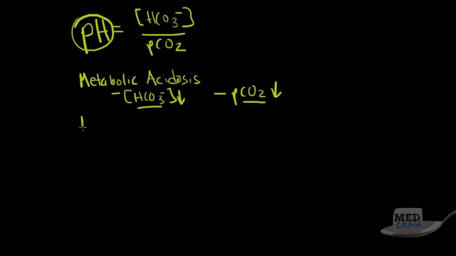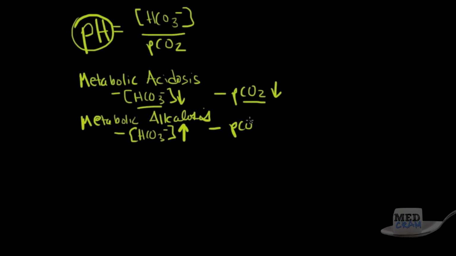All right, what about a metabolic alkalosis? Well, of course, the bicarb concentration is going to go up. And if the bicarb goes up, what's the body going to do to the PCO2? It's going to go up as well to keep the pH in the same place.